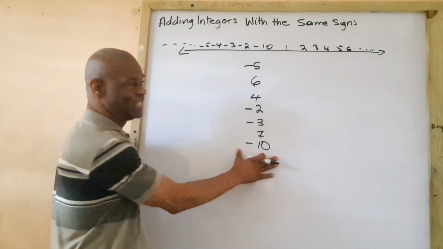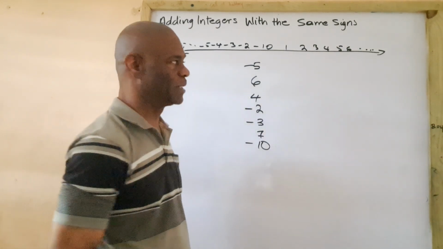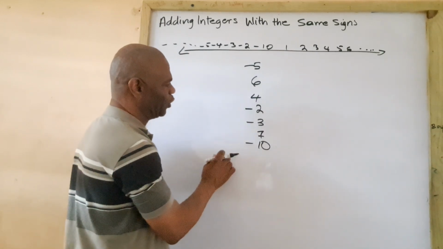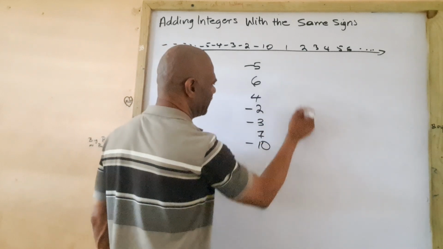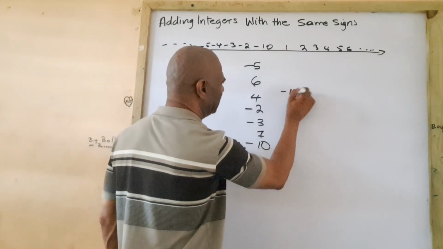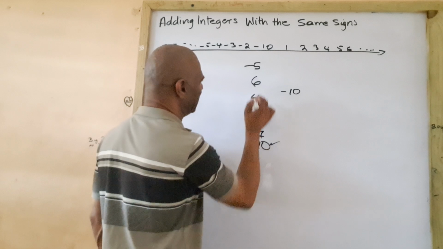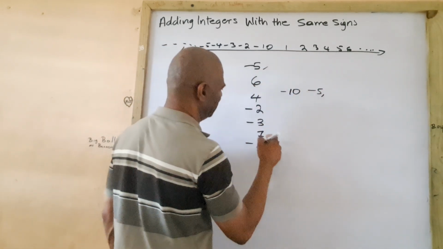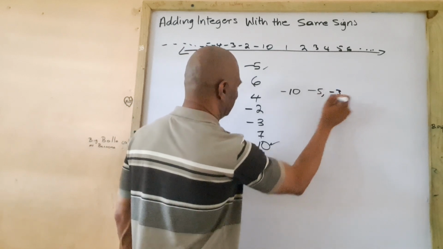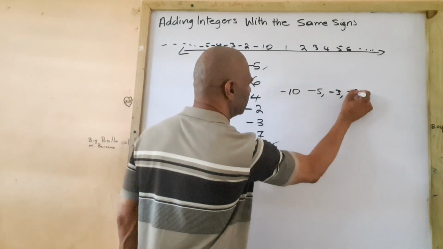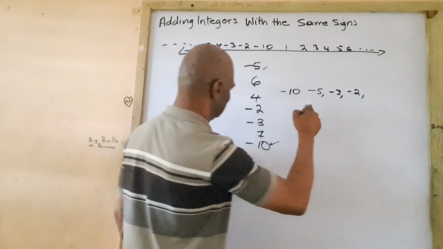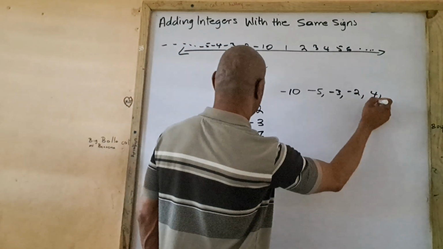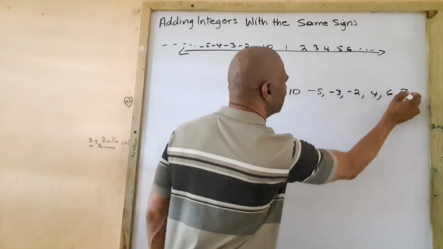So let's order these in terms of size from smallest to largest. The smallest number here would be -10. So we go -10, followed by -5, followed by -3, followed by -2, followed by 4, followed by 6, then 7.